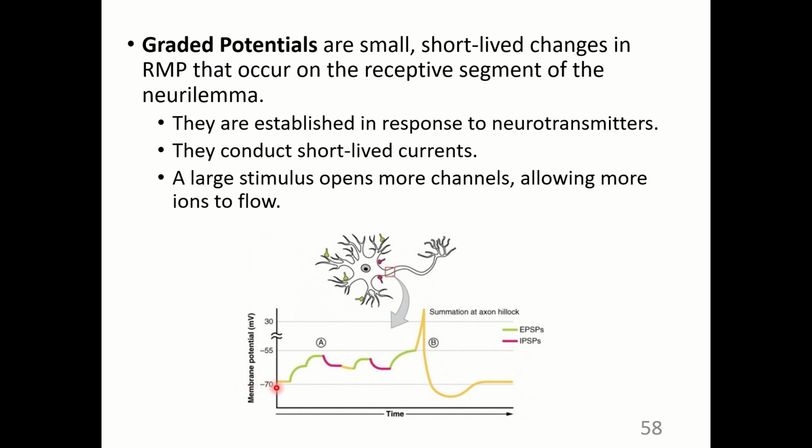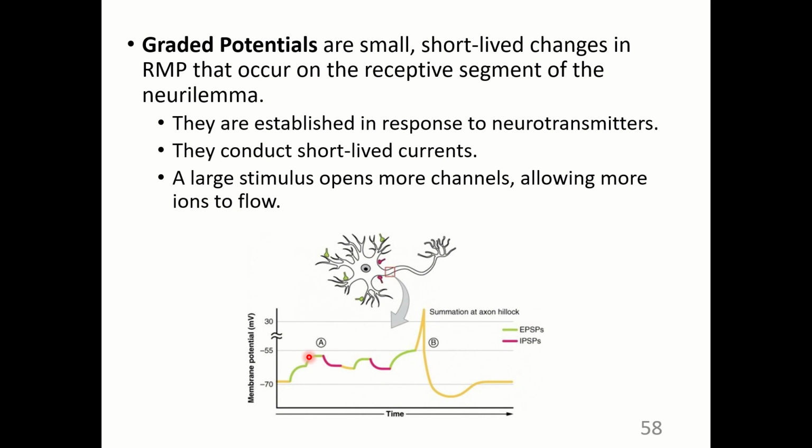Here we see the resting membrane potential at negative 70 millivolts. The graded potentials in green are excitatory. The graded potentials in red are inhibitory.